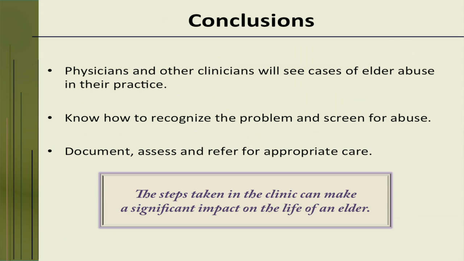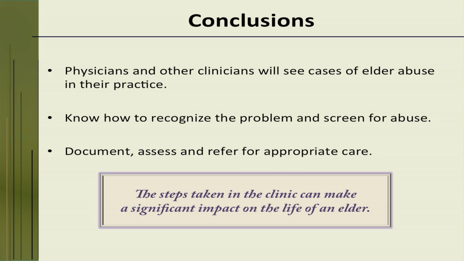Okay, so in conclusion, physicians and other clinicians will see cases of elder abuse in their practice. It's very common for those cases to come into a busy clinical setting, but it's also very common for these cases to go undetected. That's why it's important to know how to recognize the problems and to screen for abuse. And there are documents to assess for and to make appropriate referrals for care.